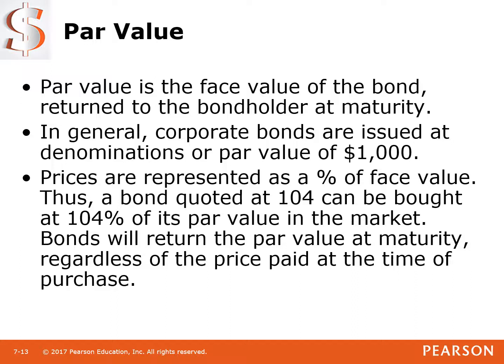And this is what I was just talking about. The corporation may sell the bond for more or less than its par value, but it must pay back par value at maturity, no matter what was received when they first sold the bond.